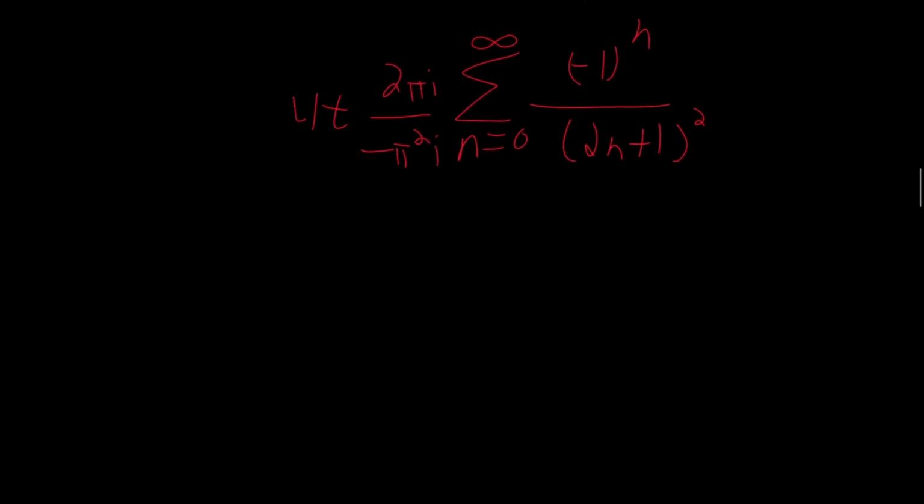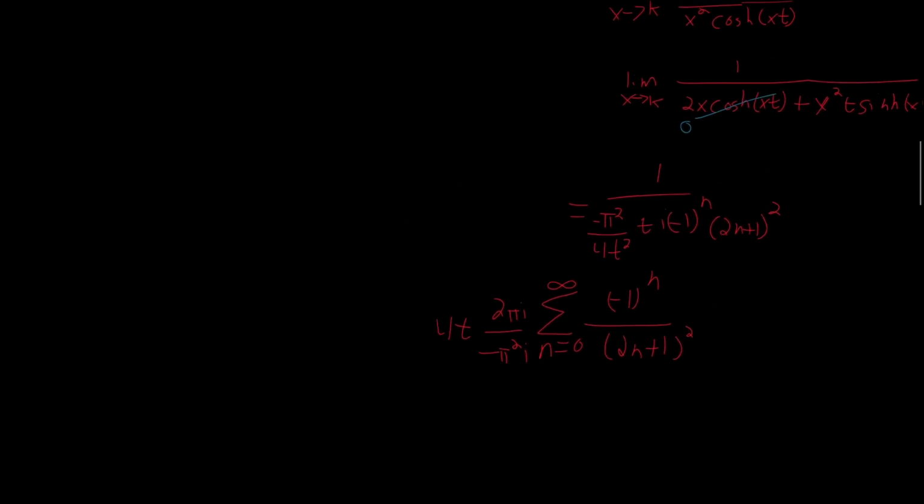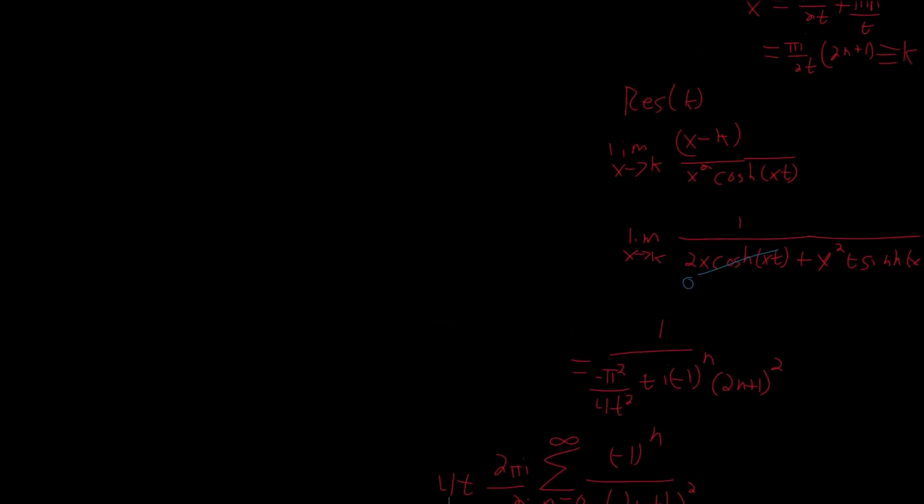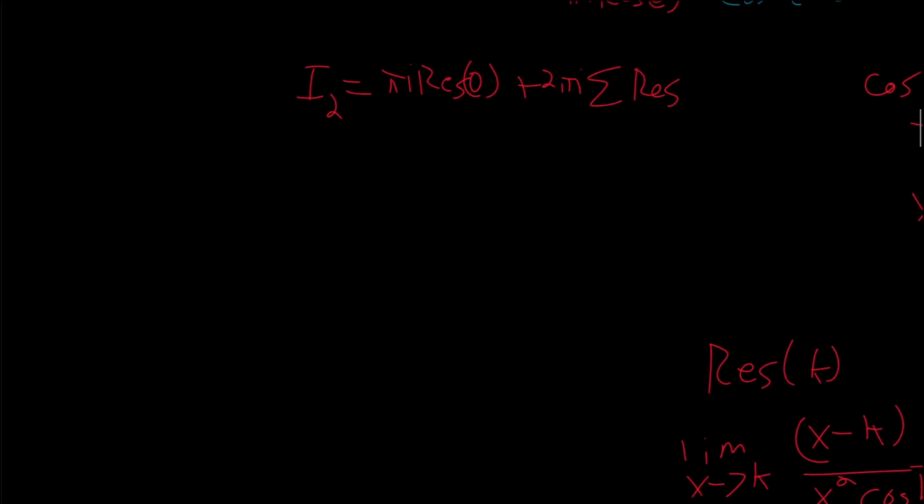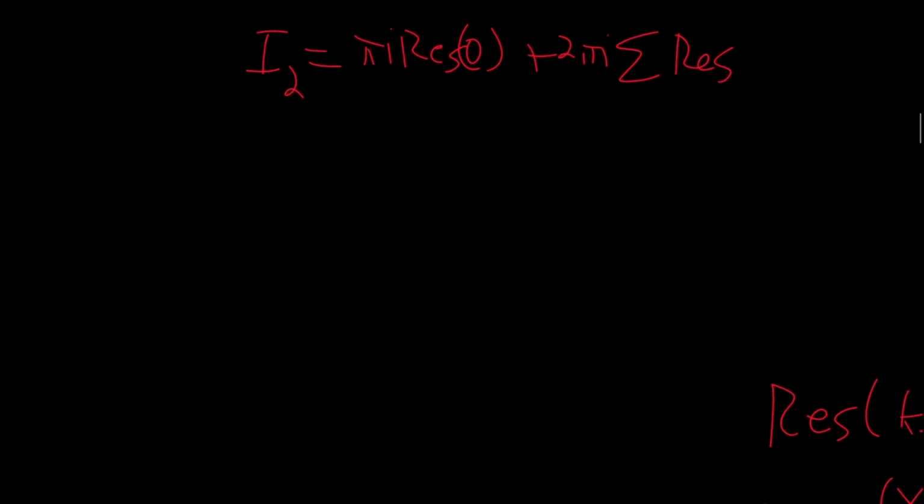Now what we're going to do is, before simplifying this anymore, we're going to consider the residue at 0. That way we can just get our answer immediately. So what is this residue at 0? Well, you'll see that our function is going to remain the same. We still have 1 over x squared, hyperbolic cosine of xt.